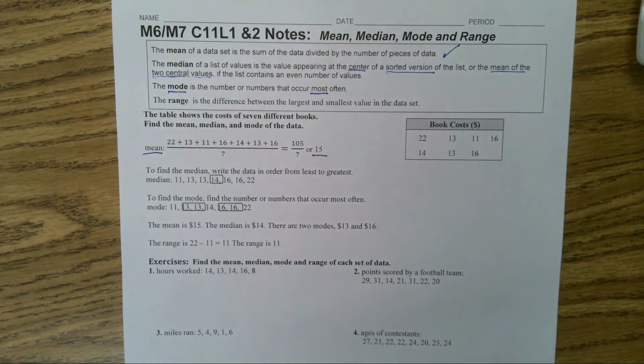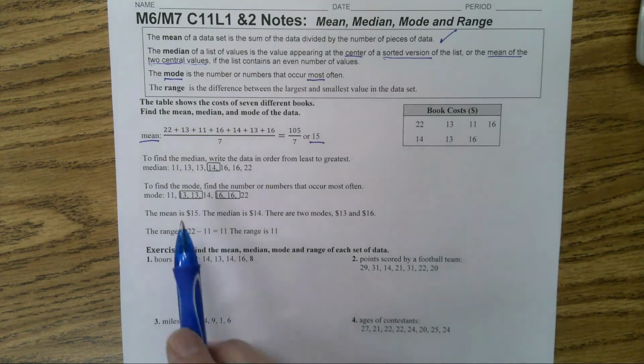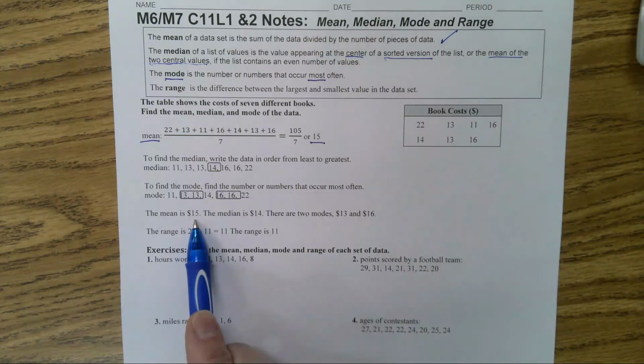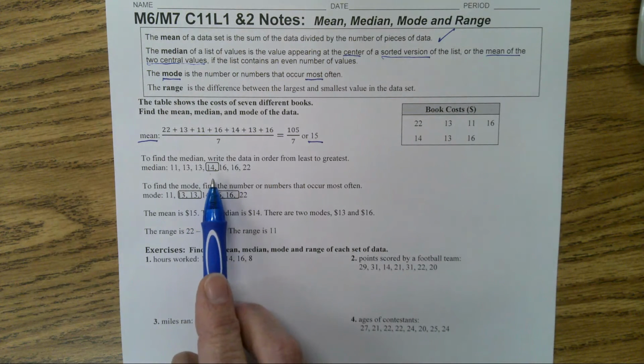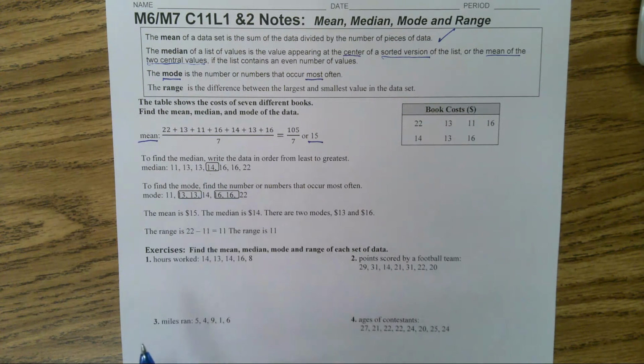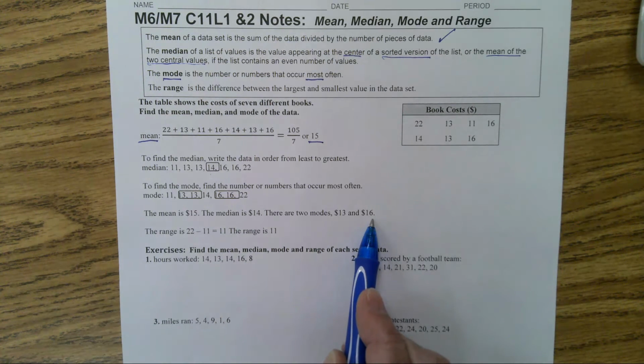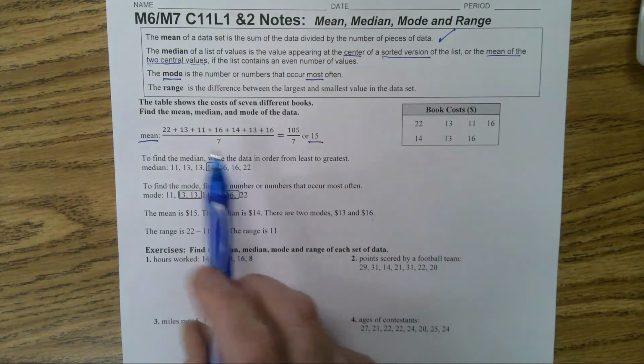So, in this data set, the mean is 15, the median is 14, and the mode is 13 and 16. Any questions? Now, there's one more, and that is the range.